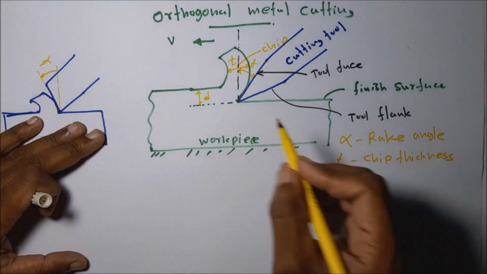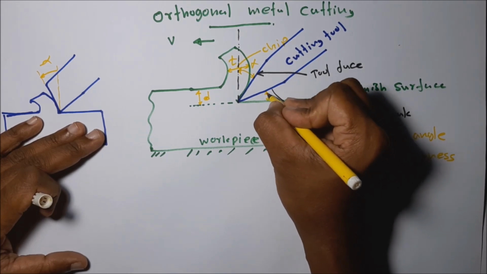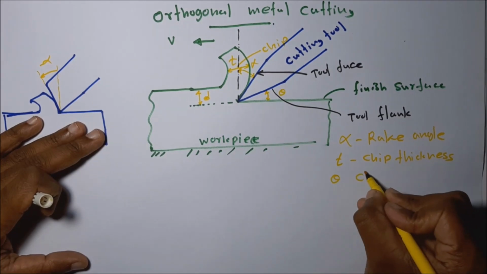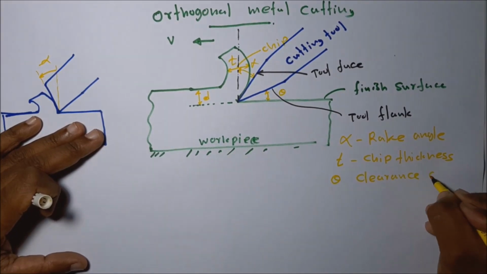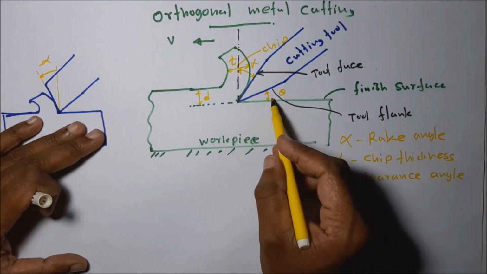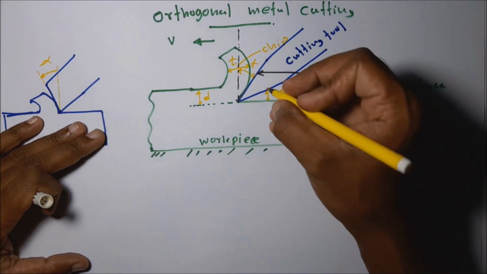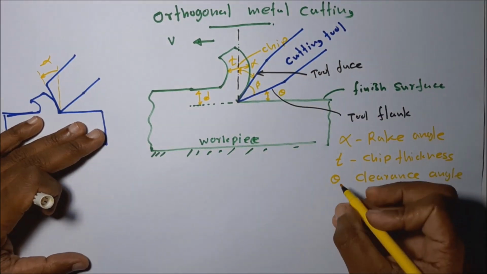Then this is called the clearance angle, let's take theta. The angle between the finished surface and the tool flank is called the clearance angle. Then this, let's take beta, is the tool angle.